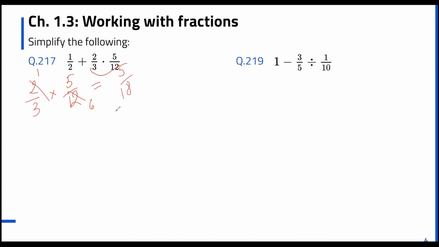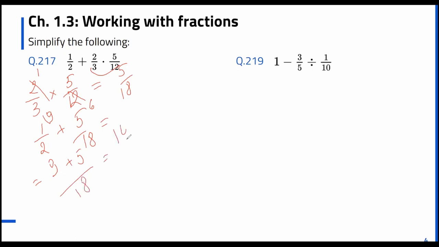If anyone has any questions, please tap in the chat or unmute. Then we have 1/2 plus 5/18. So here we need to find the common denominator, which is 18. So we need to multiply this fraction by 9. So we will have 9/18 plus 5/18.